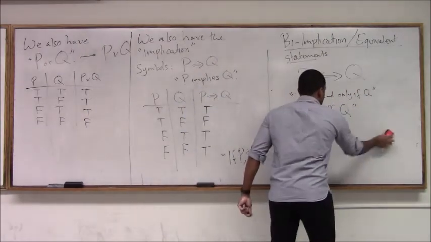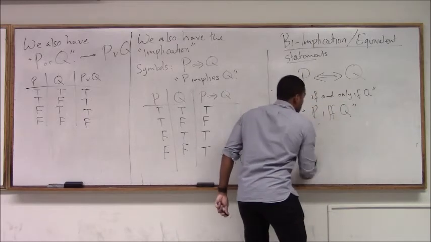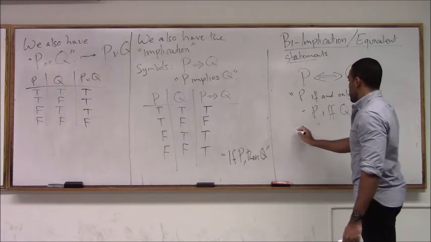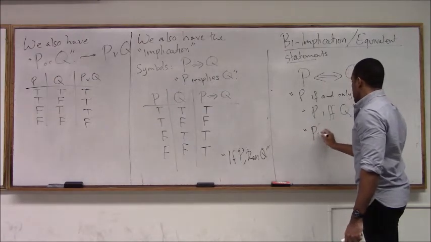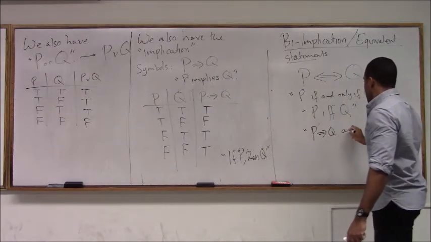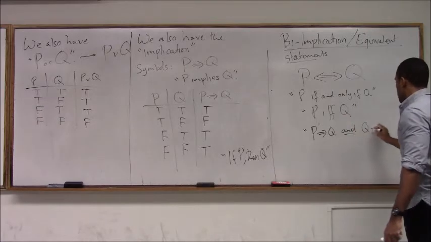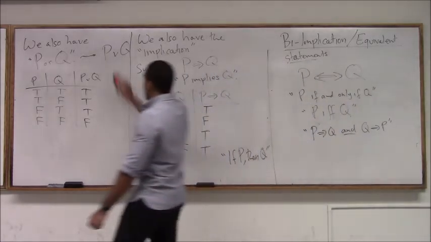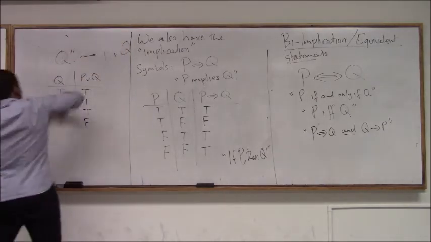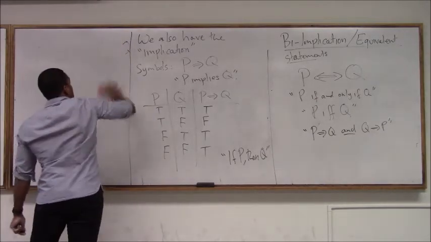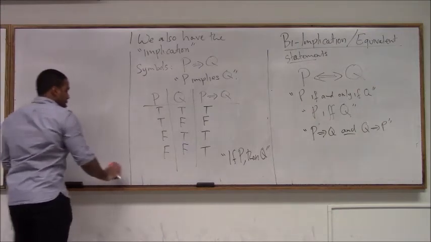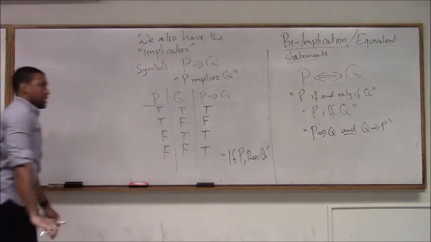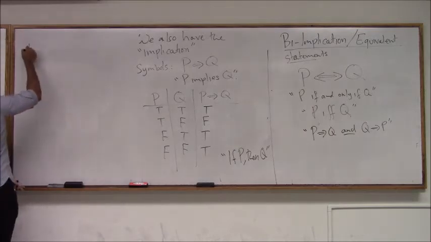And how you can think of this is a conjunction of the implication going both ways. This is P implies Q, and at the same time, Q implies P. Now I can give you the truth table for that right away, but let's actually build up to it so you can see the exercise here.